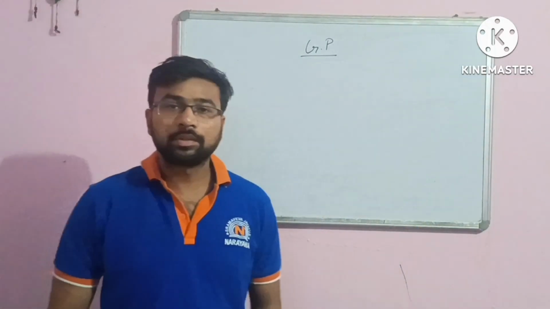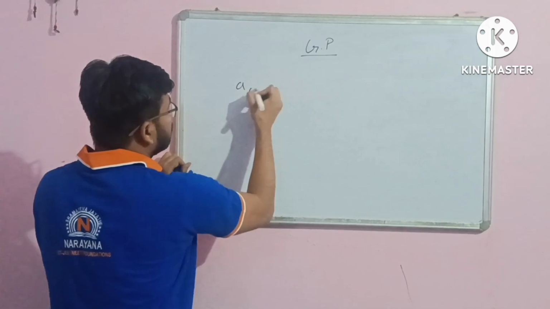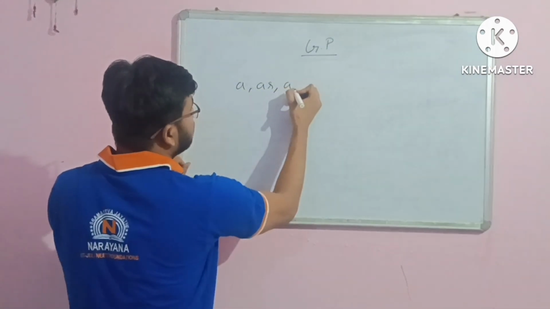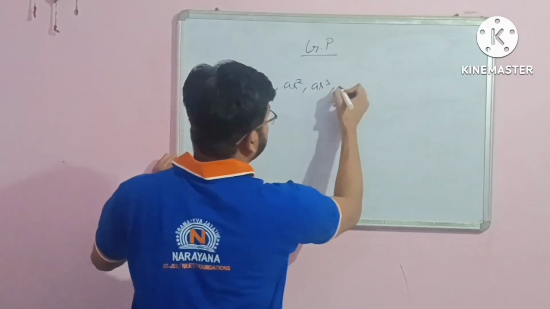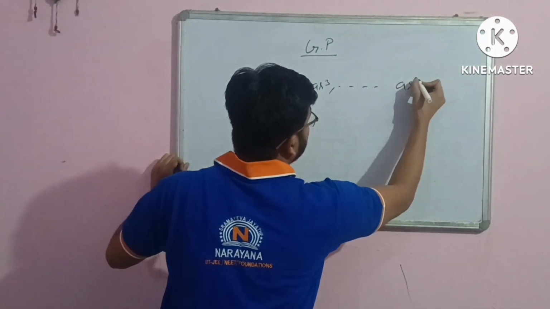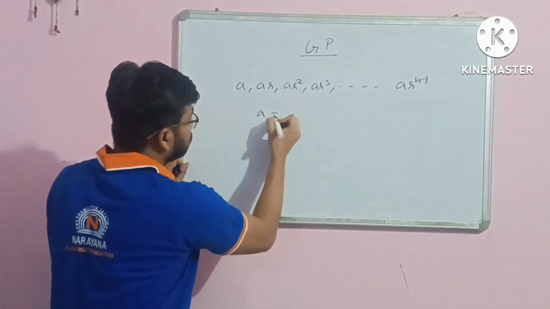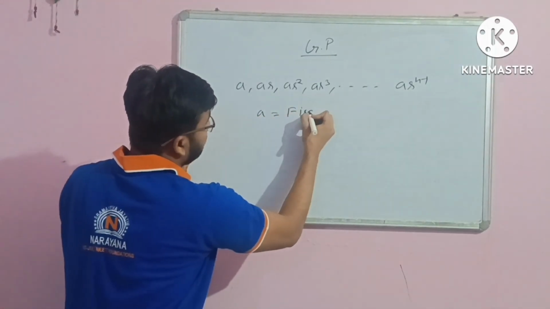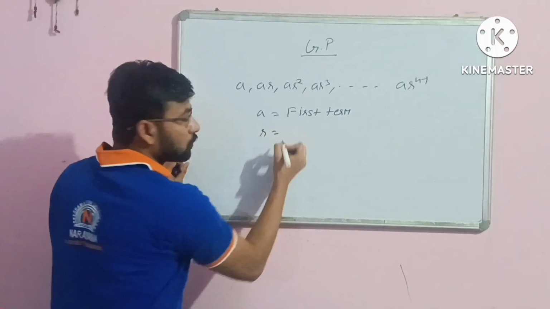So our next topic is geometric progression. Geometric progression is a series in which the ratio of two terms is the same, and this is the general expression of GP. Here a is the first term and r is the common ratio.